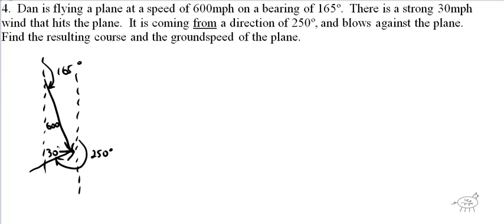Well, if you realize, math fans, you can't have a vector like this, right? That's like tip to tip. Never have a tip to tip vector. It's always tip to tail. So what I'm going to do is I'm going to take that vector and I'm going to draw it here. That's the wind, right? So it's actually blowing the plane to its new course.